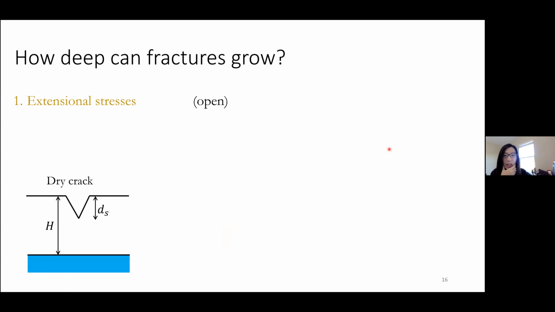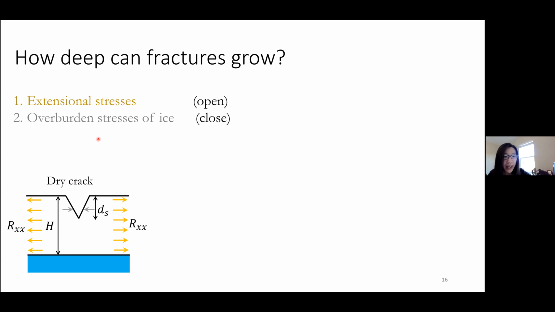Okay, so the fracture depth can be determined by a few things. First, this is the cross-sectional view of an ice shelf and a surface crack. The existence of extensional stresses resulting from the background gravitational spreading can help open the crack.